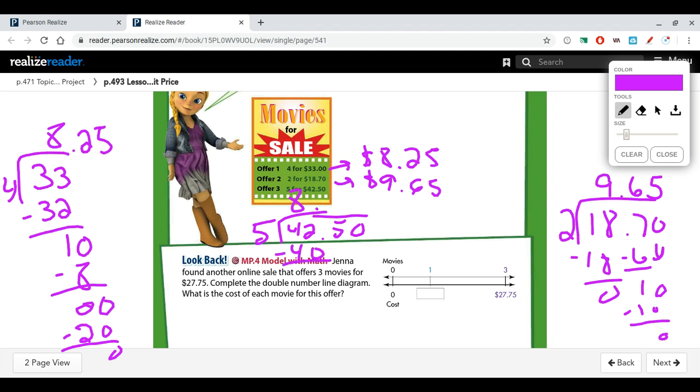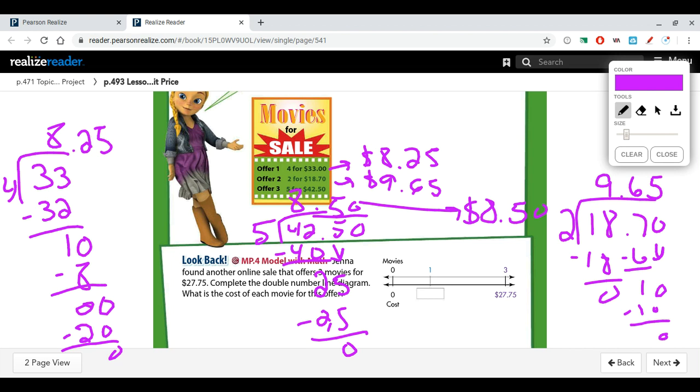I'm going to subtract. I'm left with 2. I bring down the 5. 5 goes into 25 5 times. So that becomes 25. I subtract, and then 5 goes into 0 0 times. So my last unit rate for offer 3 is going to be $8.50.